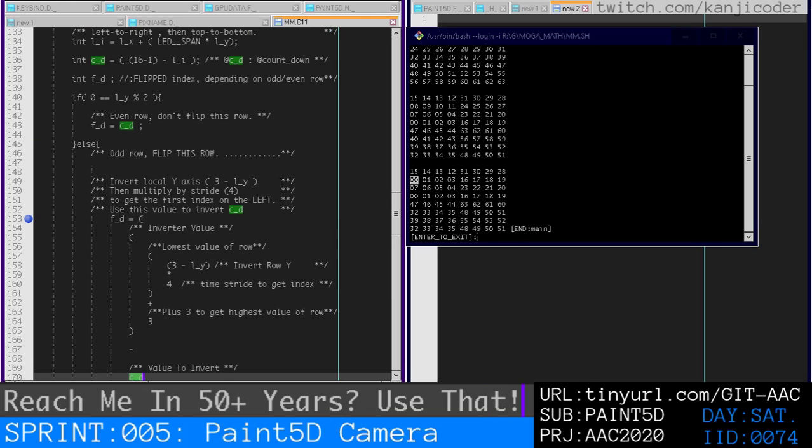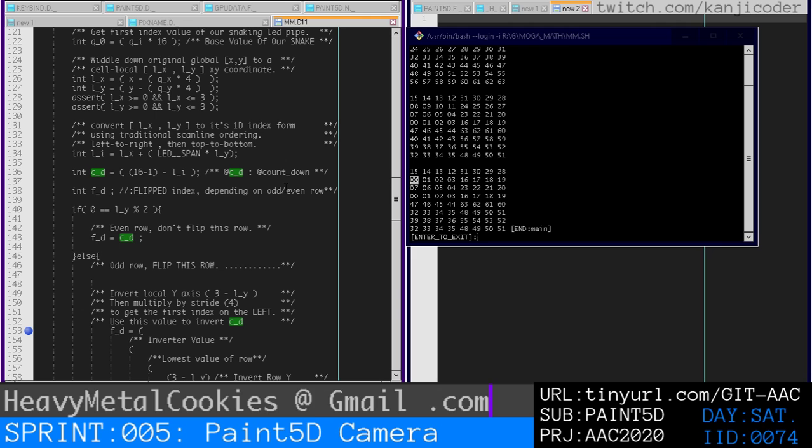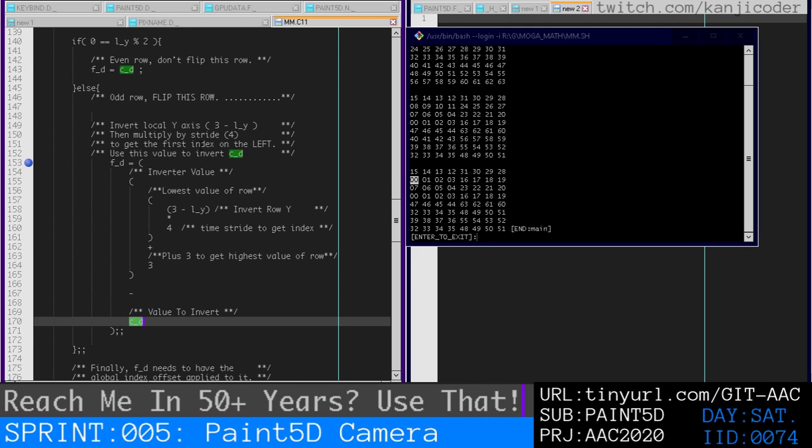So we're going to assert that CD, we are assuming that CD is in the range of 0 to 15, right?